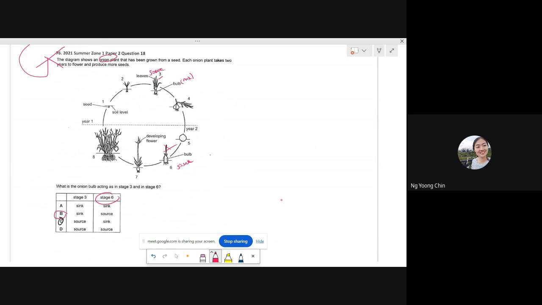So now the bud becomes the source for the plant itself. It will provide the nutrients to grow the flower. So the bud becomes the source at 6. So that is B, okay? It's not C, it's not C.